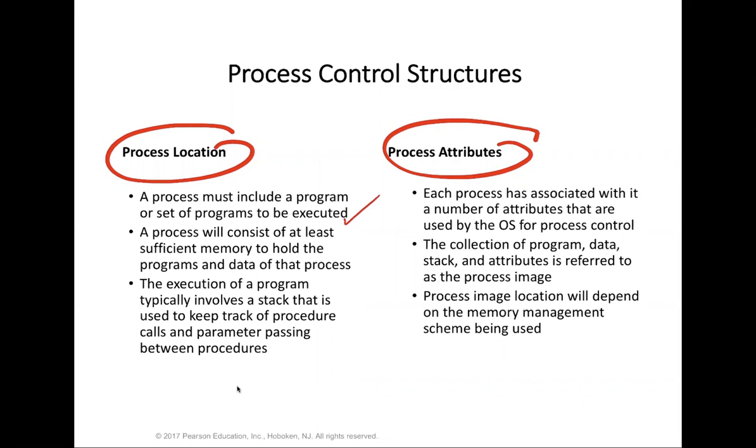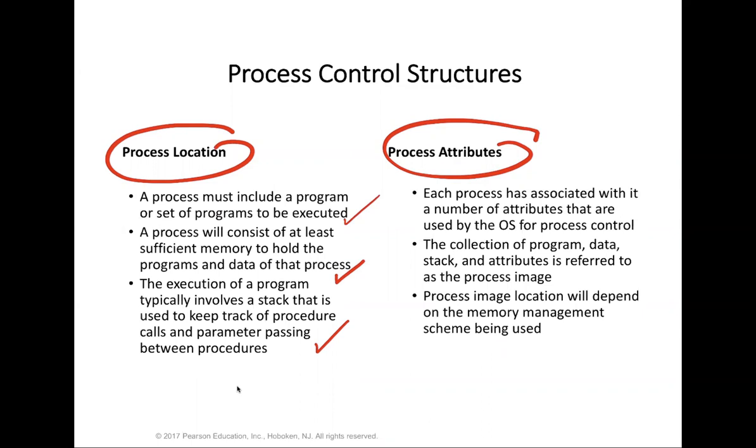Thus, a process will consist of at least sufficient memory to hold the programs and data of that process. In addition, the execution of the program typically involves a stack, as we discussed before, that is used to keep track of procedure calls and parameter passing between processes.